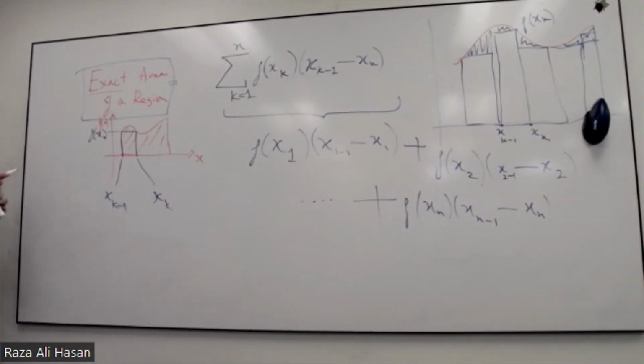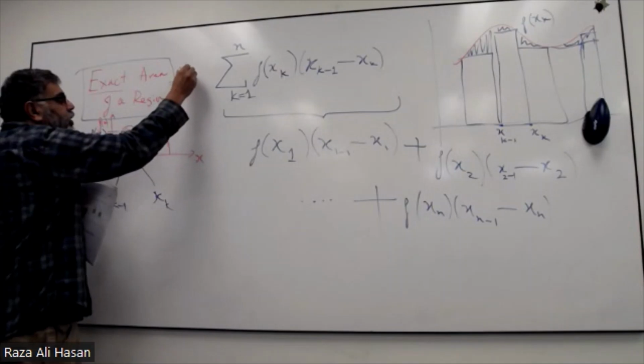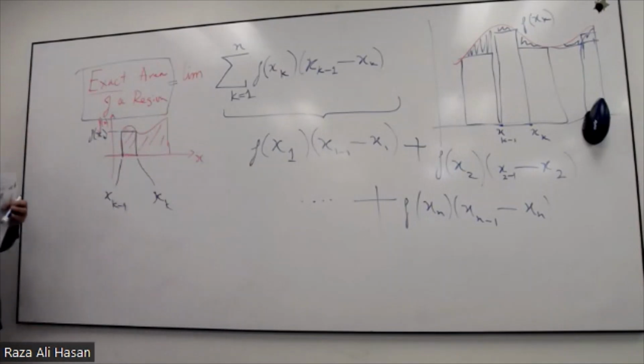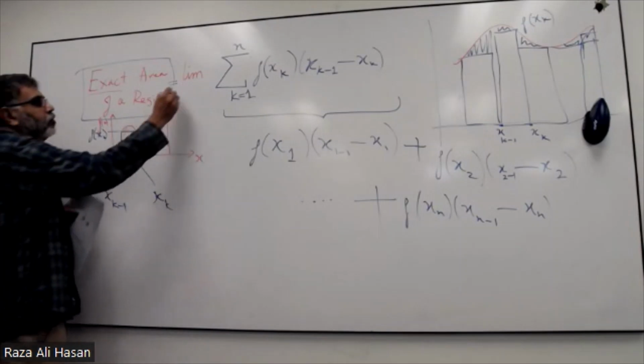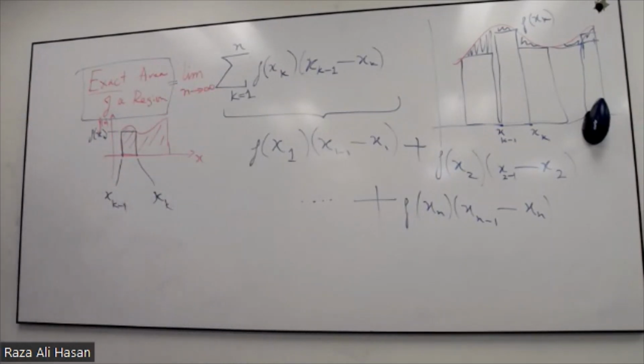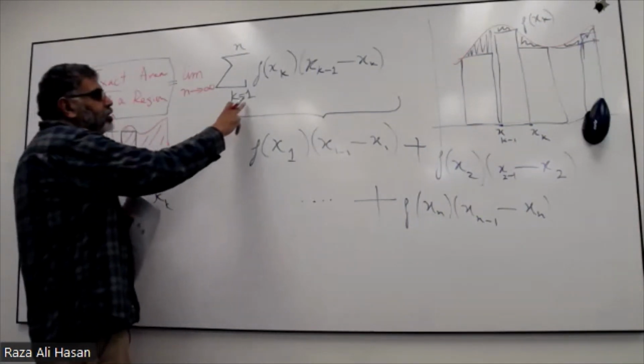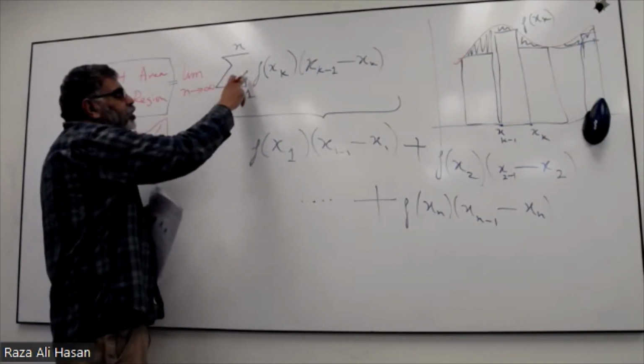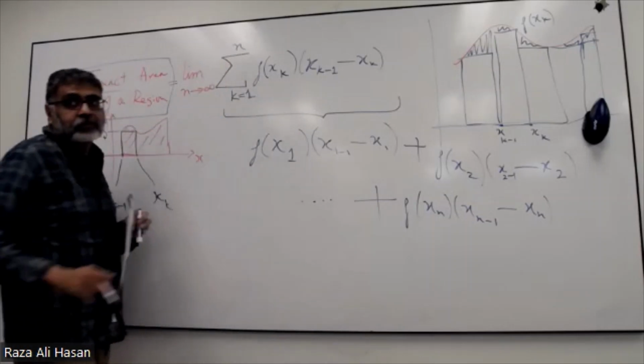So once I do this, I bring in the limit, and I go when n goes to infinity. So that means K starts from 1 and keeps going forever.